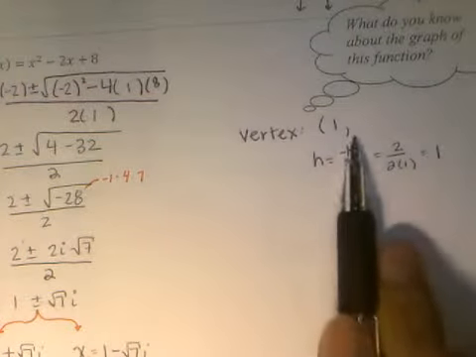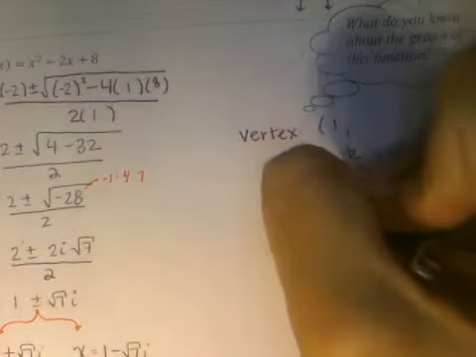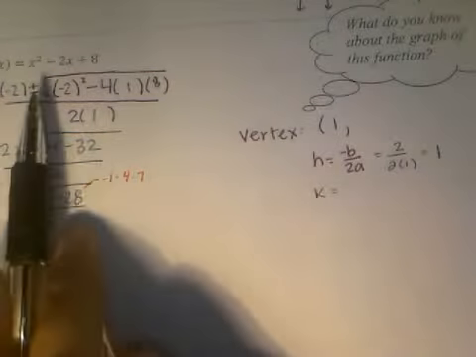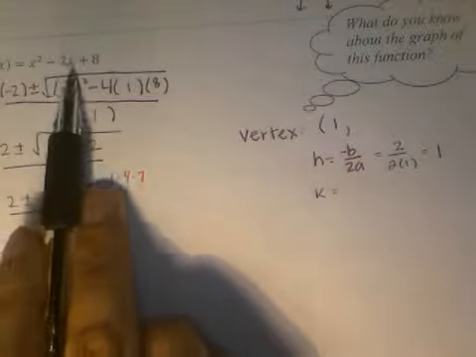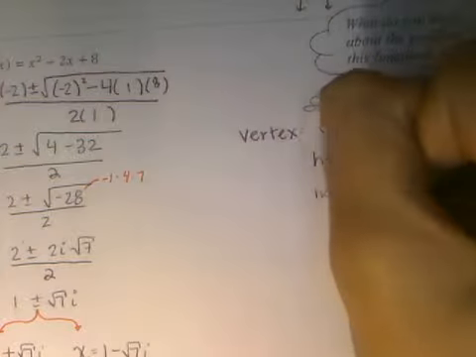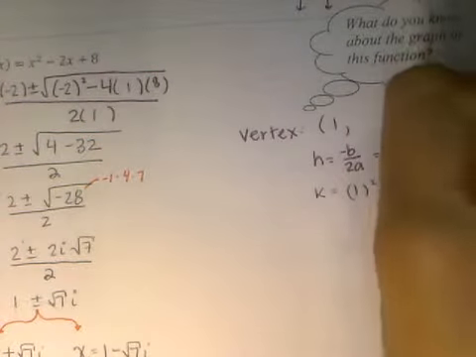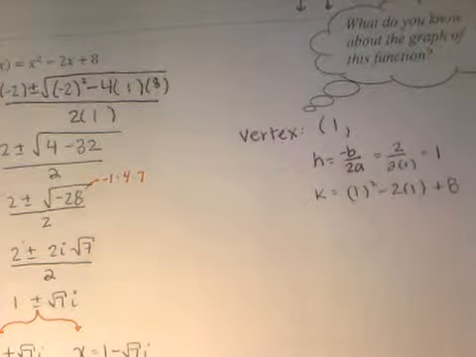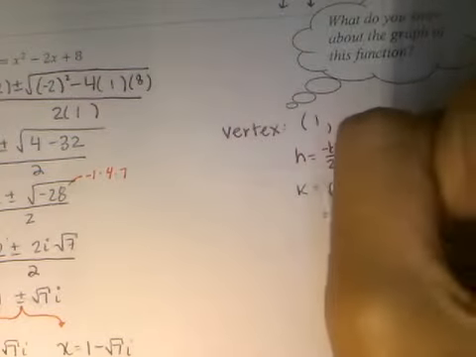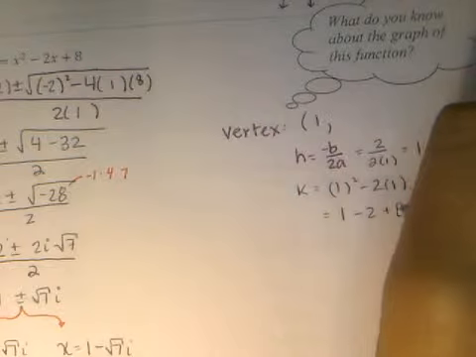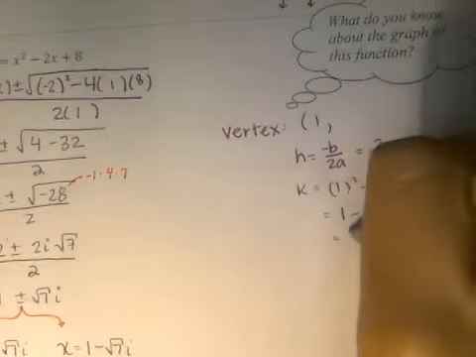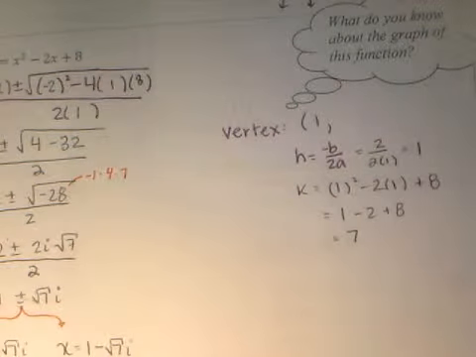In order to find the y-coordinate of the vertex, I go back to my original function, and I plug in 1 for x in both of these spots. So we get 1 squared minus 2 times 1 plus 8, which is equal to 1 minus 2 plus 8, which is +7. And that's the y-coordinate of my vertex.